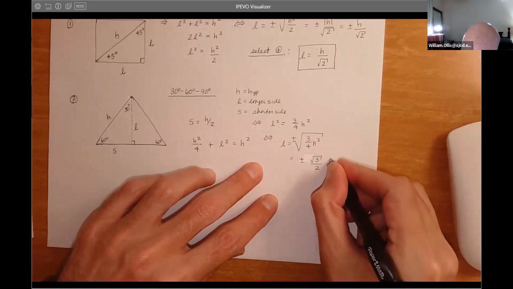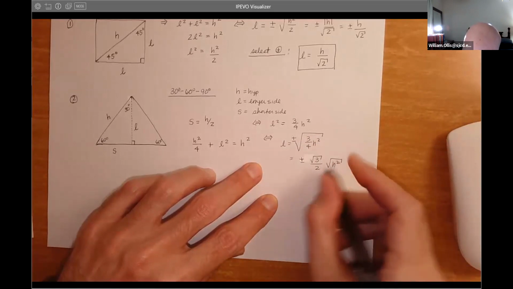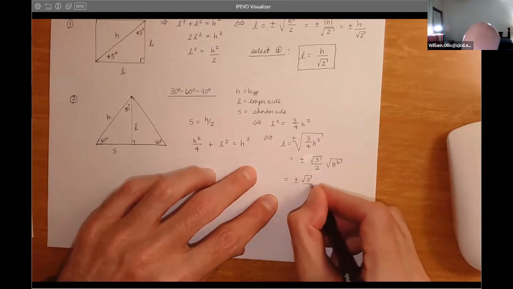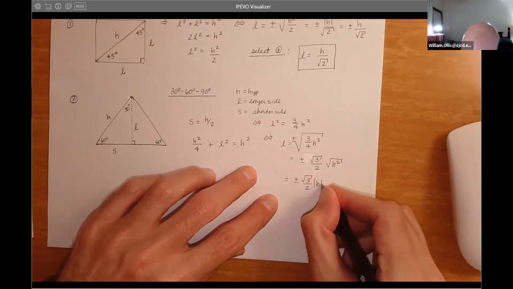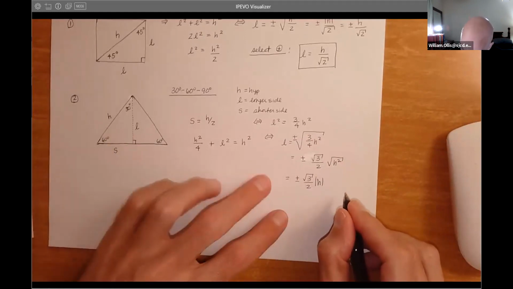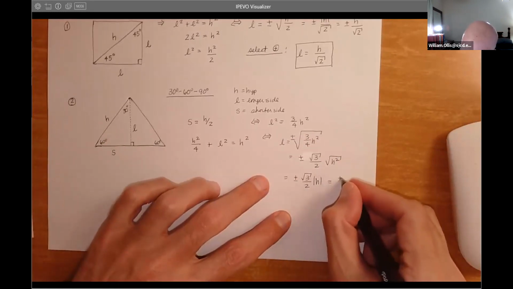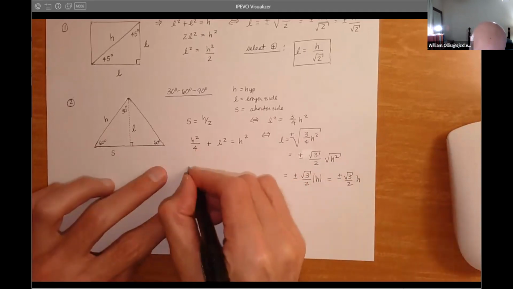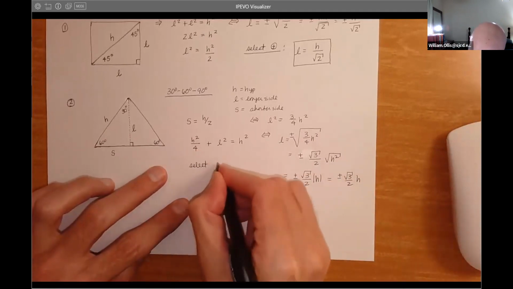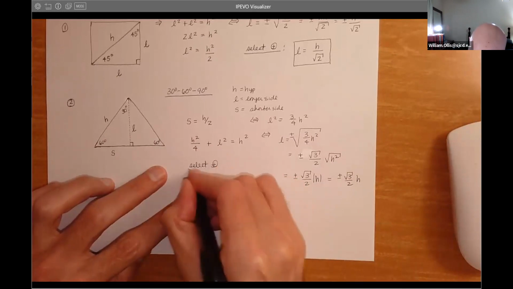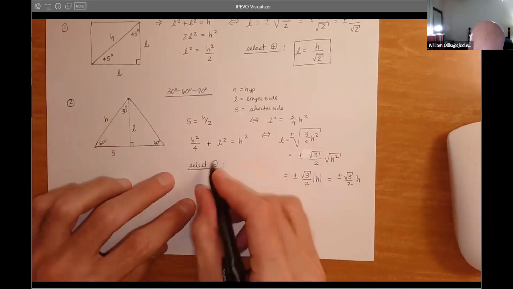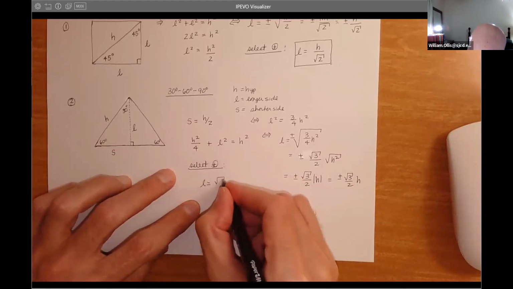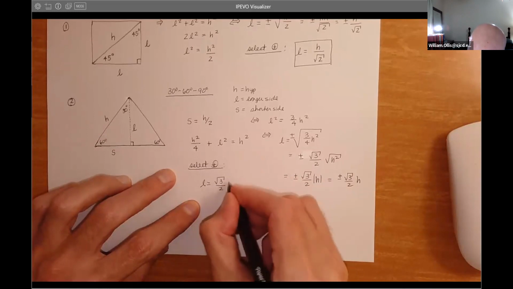And we have the square root of h squared. This gives us plus or minus square root 3 over 2 times the absolute value of h, which by definition here would just be h. So we have plus or minus square root 3 over 2h. And now, of course, we select positive, non-negative quantities. So now we have L equals the square root of 3 over 2h.